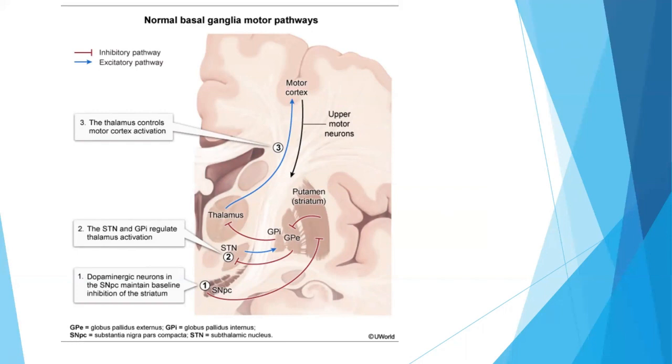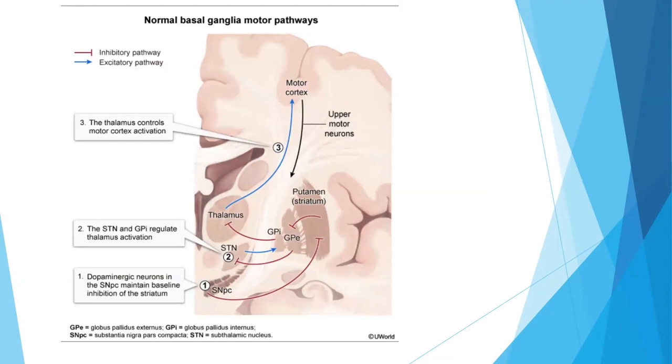All the pathways that are in red are the inhibitory pathways, and all the pathways that are in blue are the excitatory pathways. The substantia nigra inhibits the putamen or striatum.